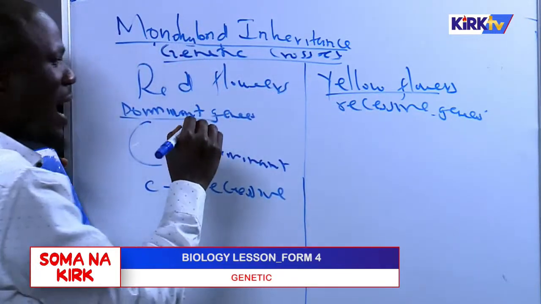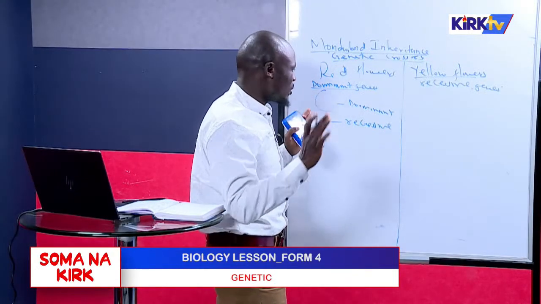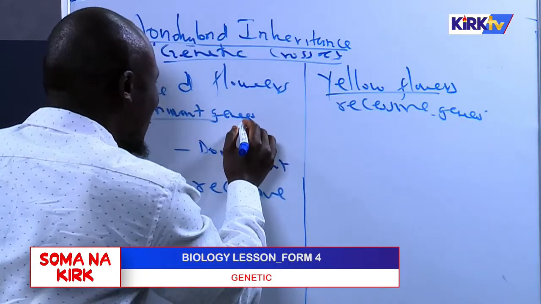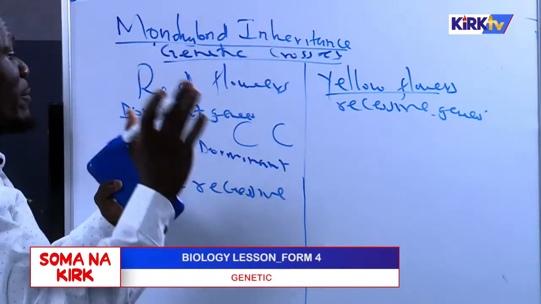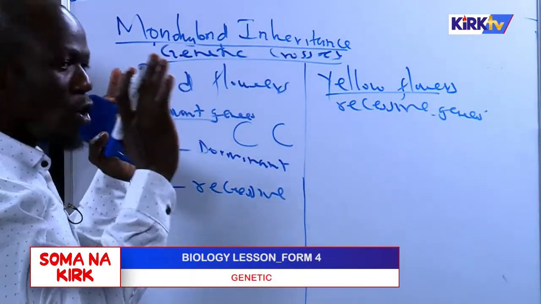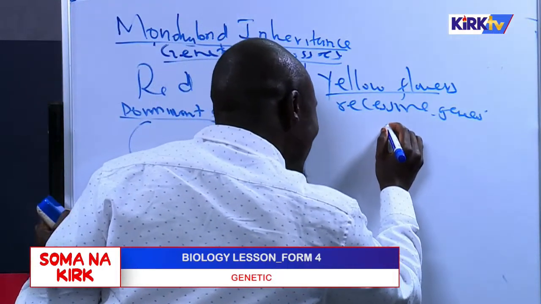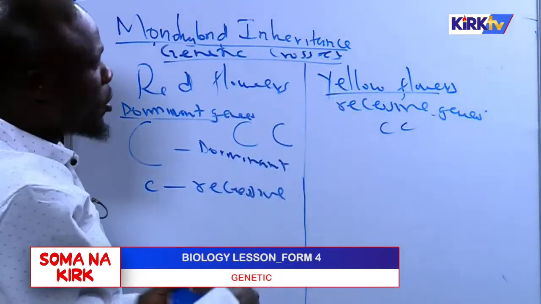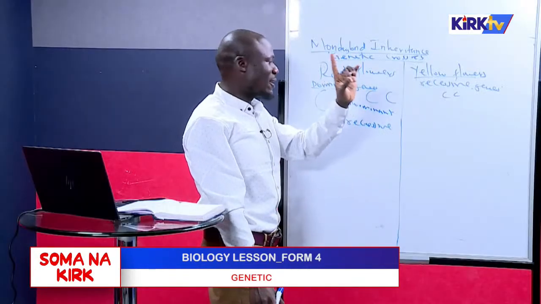Remember, both parents are homozygous. And therefore, this one will have pure dominant genes, which is capital C, because we've already been told that they are homozygous dominant. While this one will be having small letter c, because that is the one that is controlling the recessive gene. I said that they must be presented in pairs.